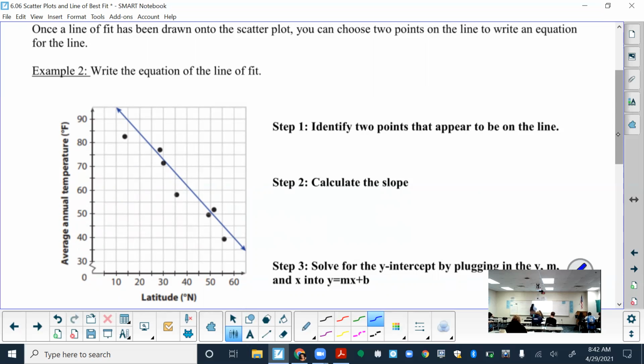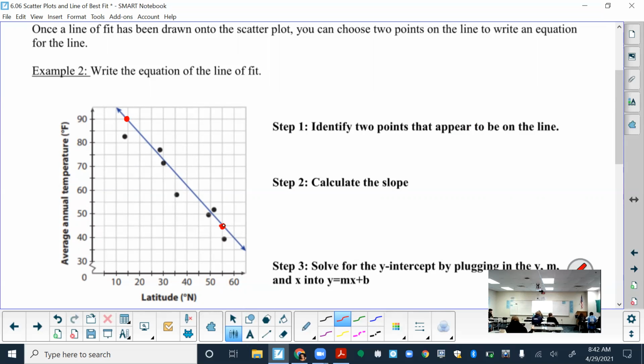So I would pick points that look like they're going through what's called a crosshair. You remember that first semester? So I would pick maybe this point, and let's see, that point. All right, pick any 2 points that look like they're on the line. Pick ones that look like they're easy to read.